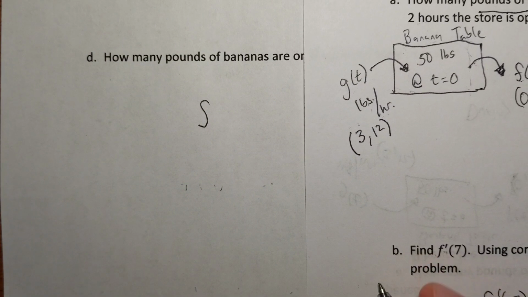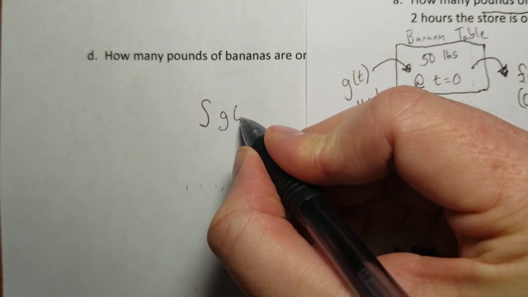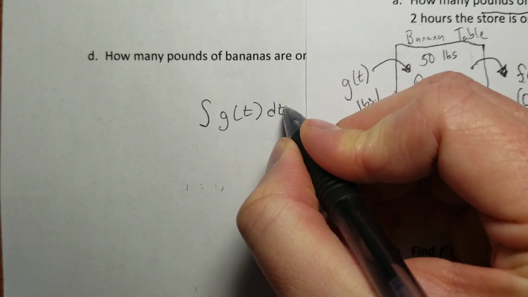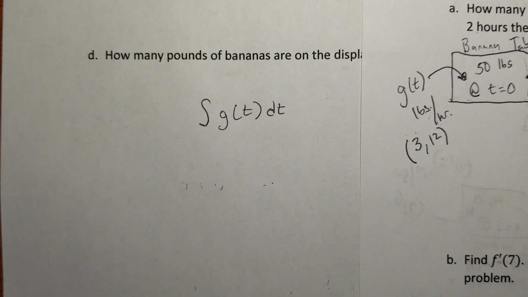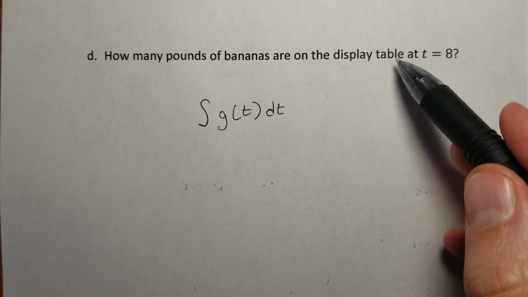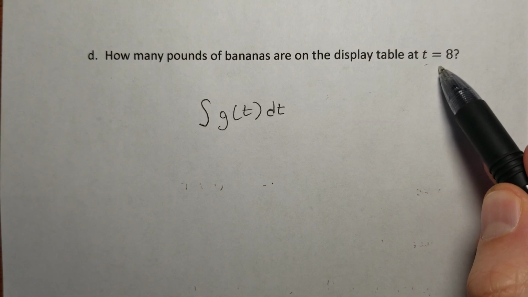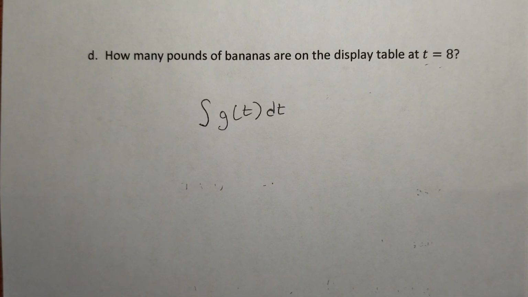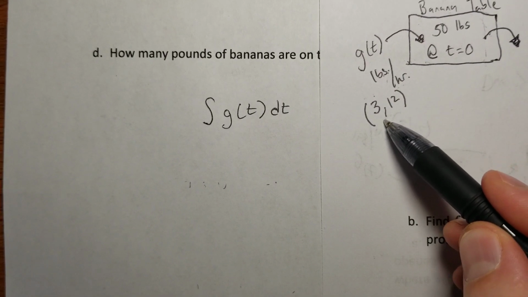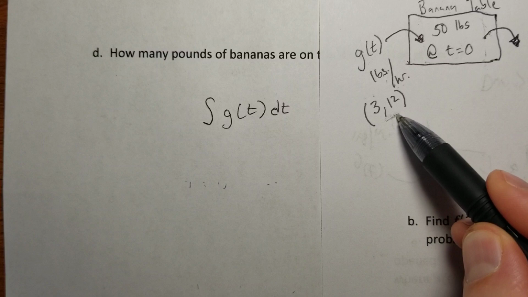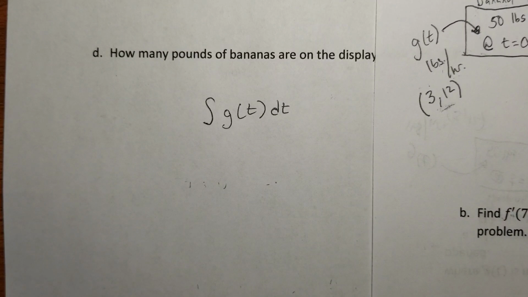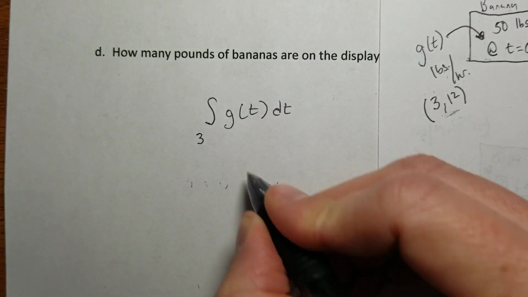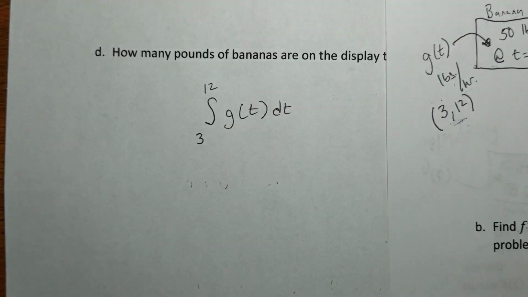So if I integrate G of t, that's going to tell me how many pounds of bananas over the first 8-hour span are put onto the table. Now, remember, they don't start restocking bananas on the table until 3 hours into the day. So our integral is going to go from 3 to 12.